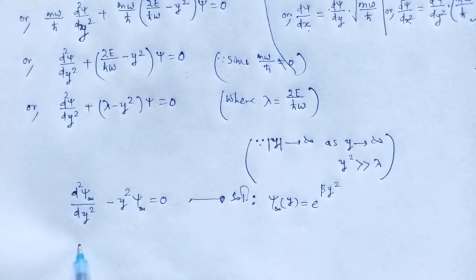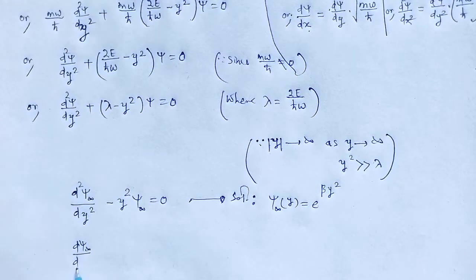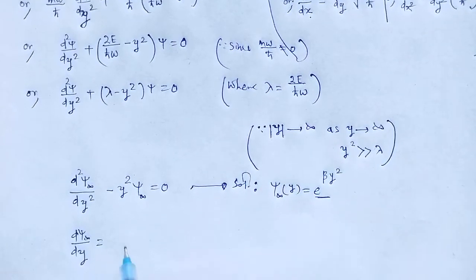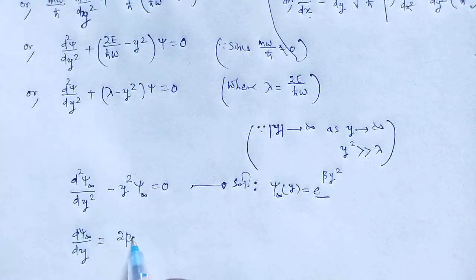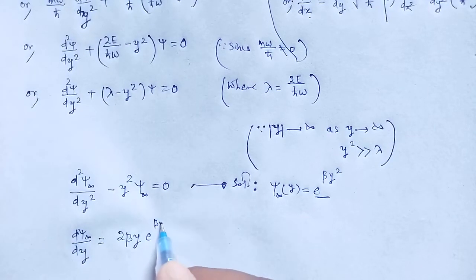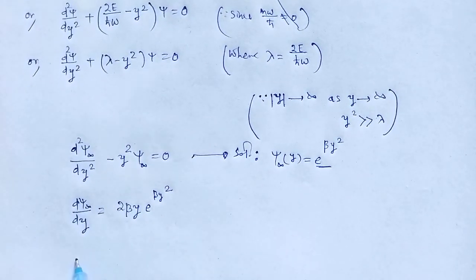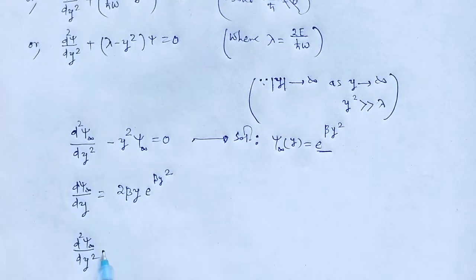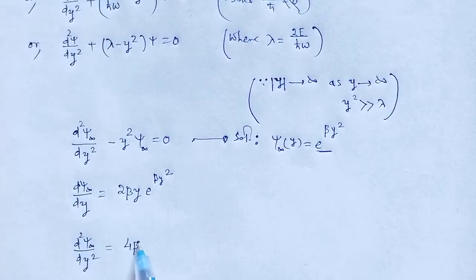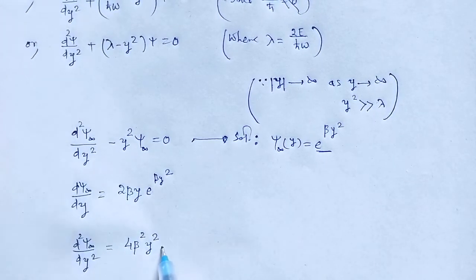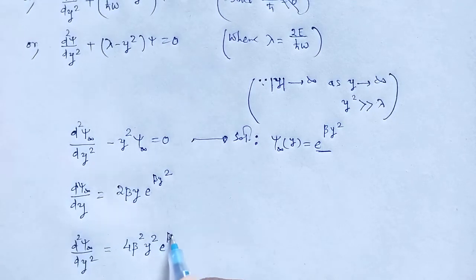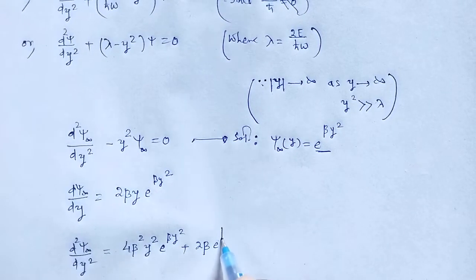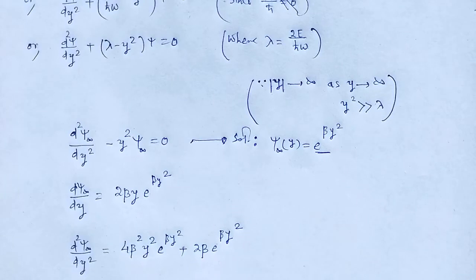And d psi infinity by dy, since the solution is e to the power beta y square, we have 2 beta y e to the power beta y square, and its second derivative d square psi at infinity by dy square is equal to 4 beta square y square e to the power beta y square plus 2 beta e to the power beta y square.